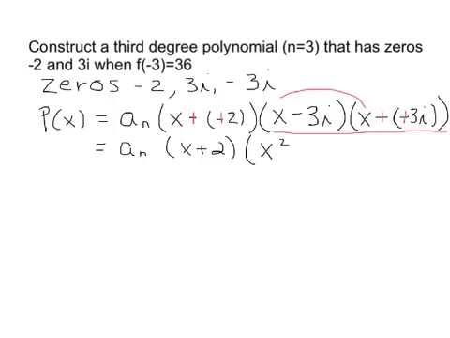And if you're paying attention, you don't really have to do the outer and the inner pairs, because we know they're conjugates and will add to 0. But just to show that, we'll go ahead and do them anyway. So for the outside, we have x times positive 3i. That'll give us plus 3ix.